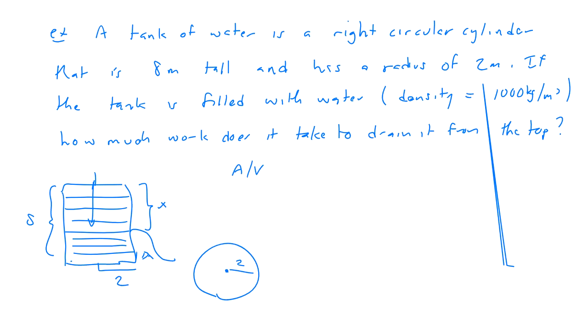What is the area or volume of this little slice? And you can see, well, it's just a circle, so it's pi r squared, officially times delta x to make it a volume, but that is sort of the volume.